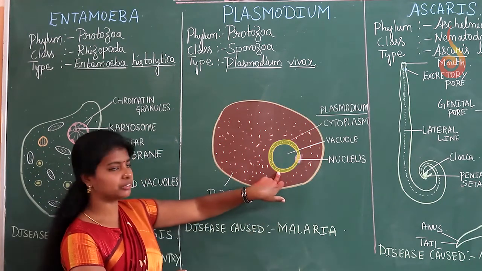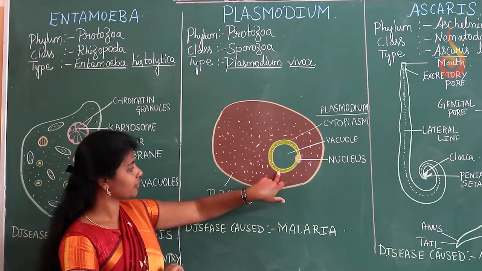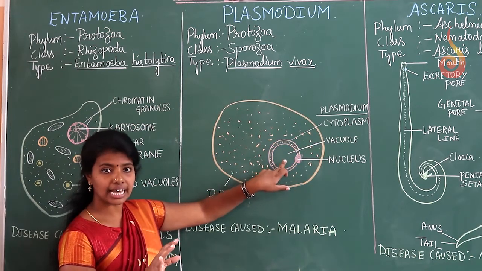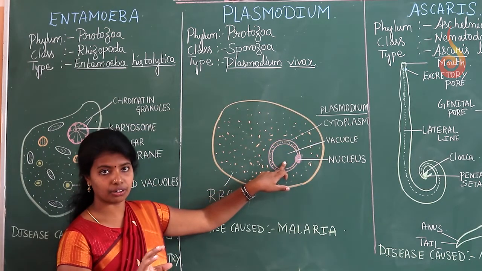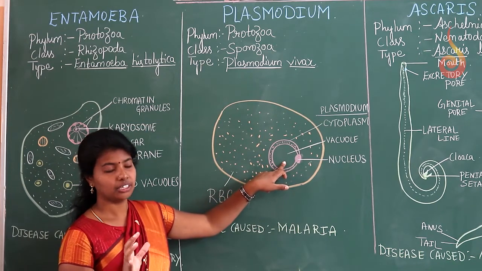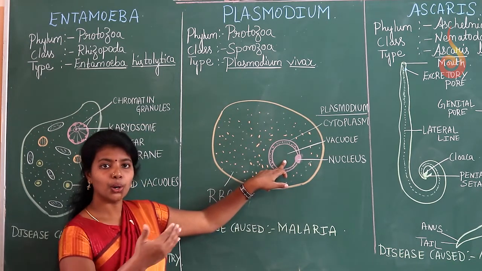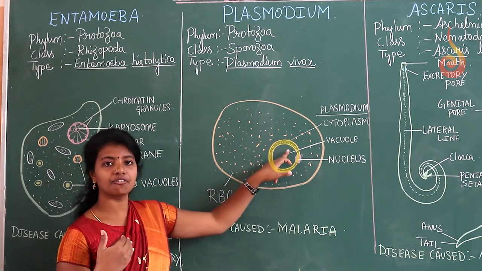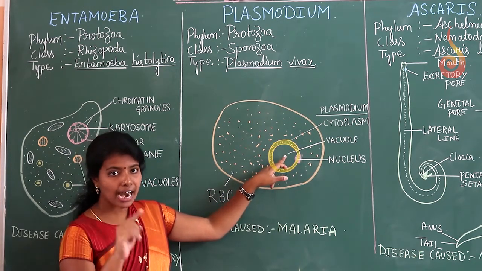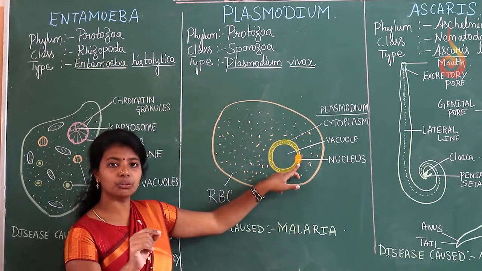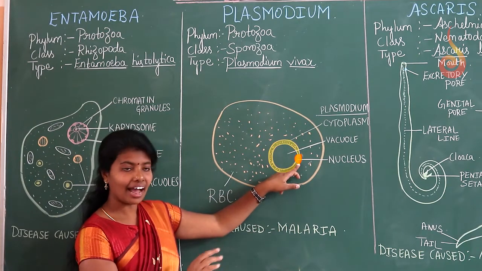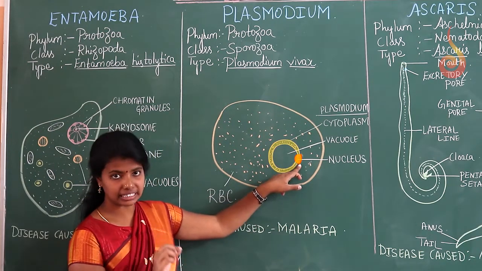Here if you observe, this is the parasite and here there is a central hollow space. This is actually the food vacuole, which is large. The large food vacuole pushes the cytoplasm to the periphery, where it forms a ring. We can observe that the nucleus is pushed towards one end and appears dark in color.